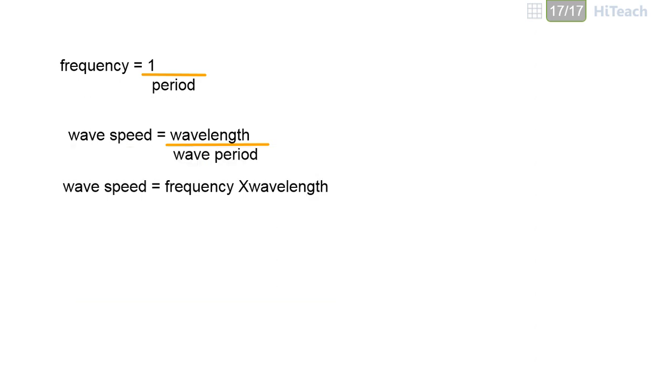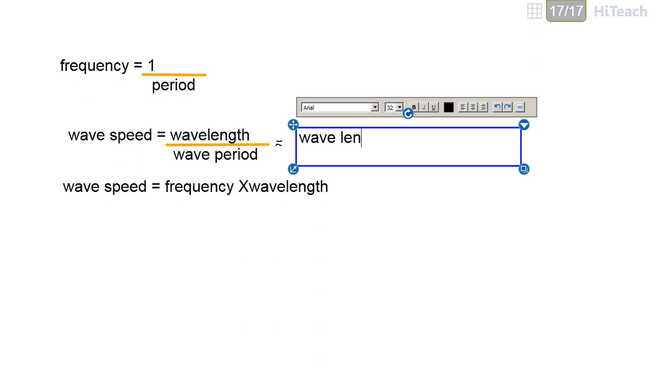How did I write this formula? I can write wavelength times 1 over period, right? Which is the same.